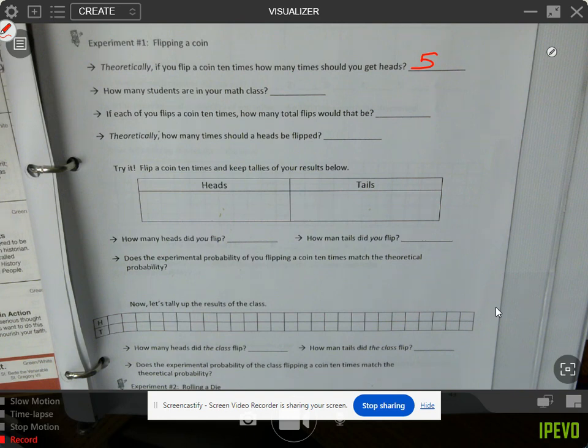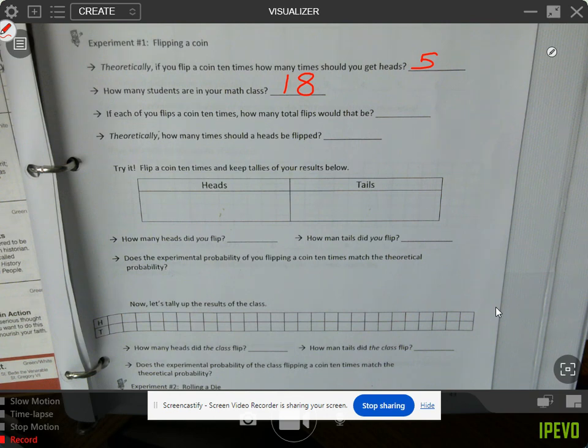How many students are in math class today? 1, 2, 3, 4, 5, 6, 7, 8, 9, 10, 11, 12, 13, 14, 15, 16, 17, 18. So we have 18 students in class today. If each of you flips a coin 10 times, how many total flips would that be? Cameron?